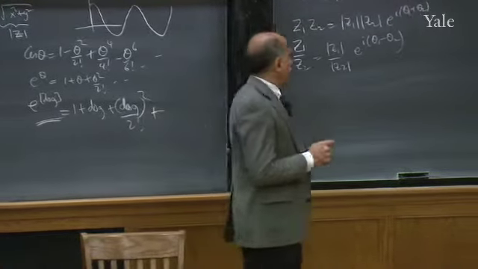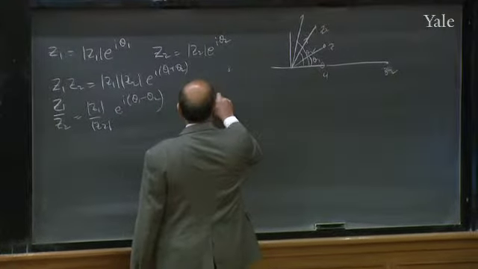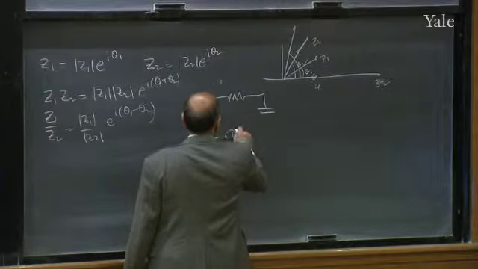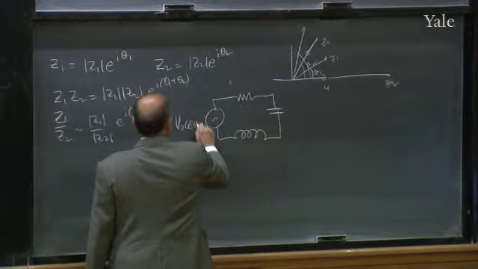Okay, now I come to the problem I really want to solve, which is an LCR circuit driven by an alternating source, V0 cosine omega t.